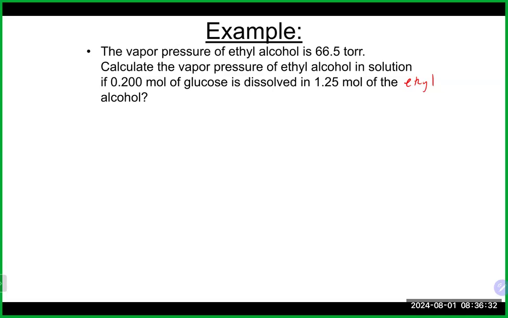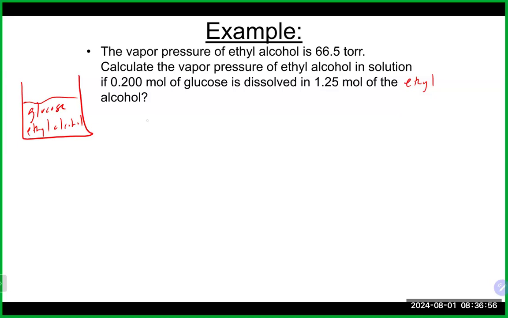In this particular case, we have a solution of ethyl alcohol, and dissolved in there, you put some glucose in it. So you've got this glucose ethyl alcohol mixture, and we want to know the vapor pressure of the ethyl alcohol in it.